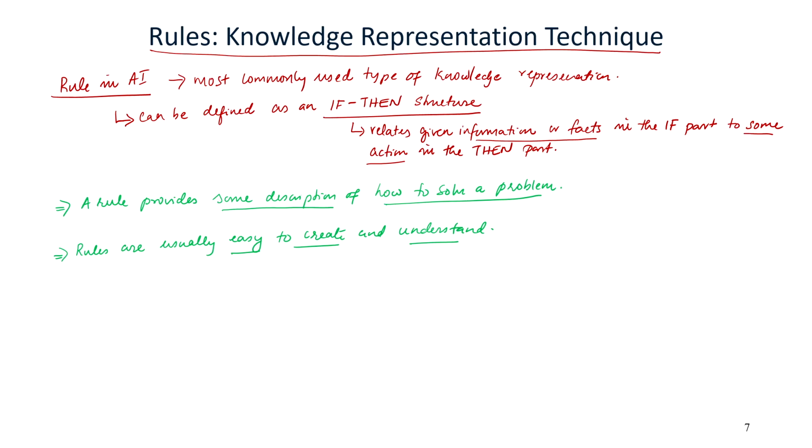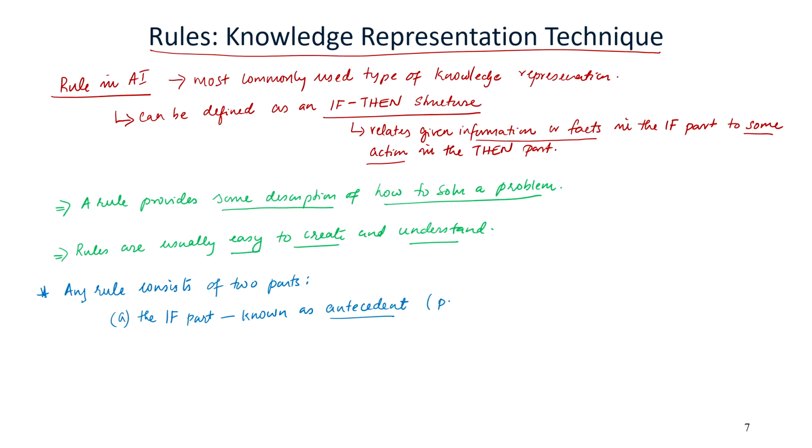The third one is that any rule consists of two parts. A, the if part, known as the antecedent, which can also be known as the premise or condition.